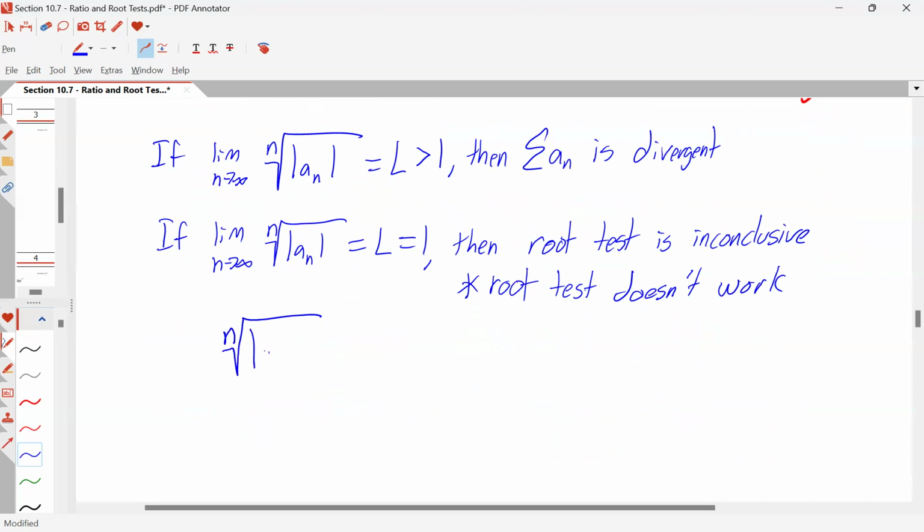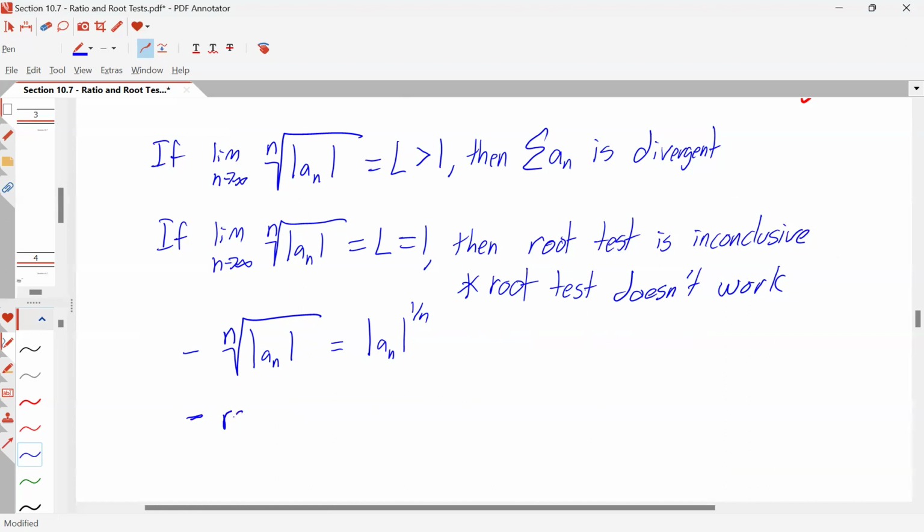The first note, the nth root is the same as raising to the 1 over n exponent. So it's just going to cancel that n exponent and make a limit of something hopefully easier to take.